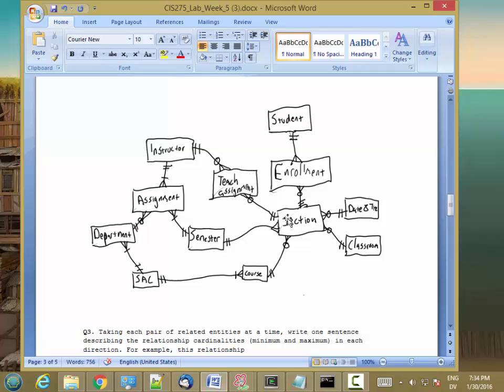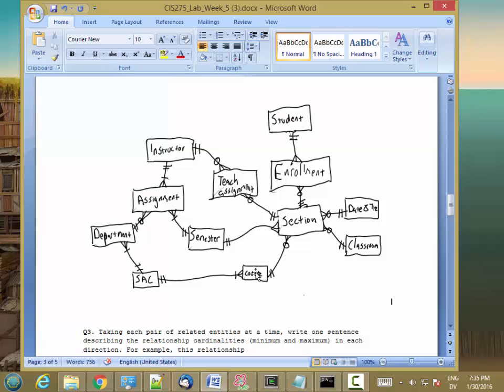So just go through the list, write these down in English. No need to be creative. One thing to do, though, after you've written these relationships down is double check them and make sure they make sense. So for example, if I had exactly one here, and I said each SAC has exactly one course, each course belongs to exactly one SAC, that wouldn't make sense because SACs have multiple courses.